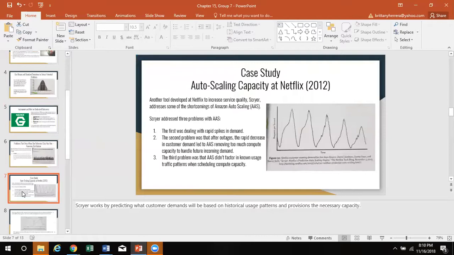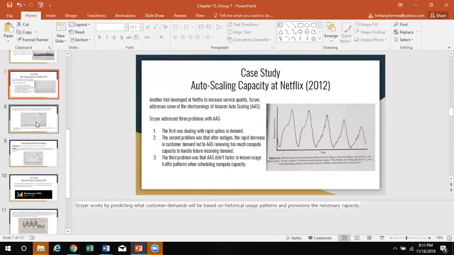The third problem was that the auto scaling didn't factor in known usage traffic patterns when scheduling the compute capacity. Scryer worked to predict what customer demands would be based on historical usage patterns and then provision the necessary capacity needed.